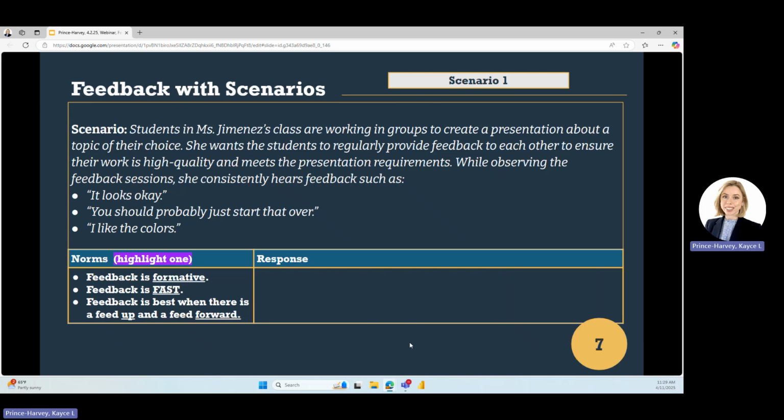So with those 3 norms that are in the bottom left corner, which one would most apply? And if you were coaching Ms. Jimenez, what response or what suggestions would you give her to support whatever that norm is?